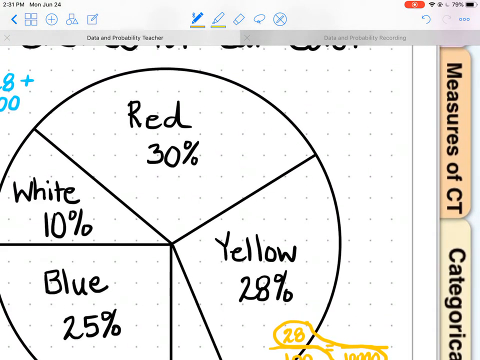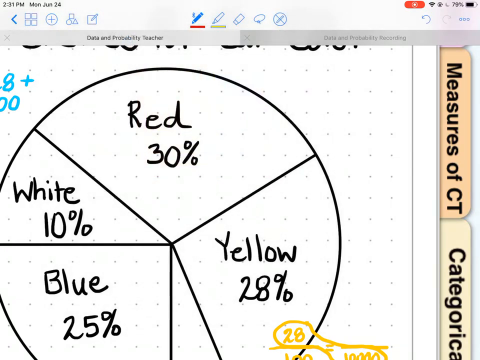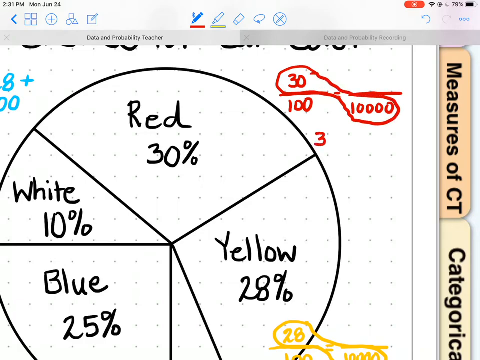And then finally red. So we have 30% who like red out of 10,000 people that I asked. This is the biggest slice of the pie, so I would expect this to be the biggest number.